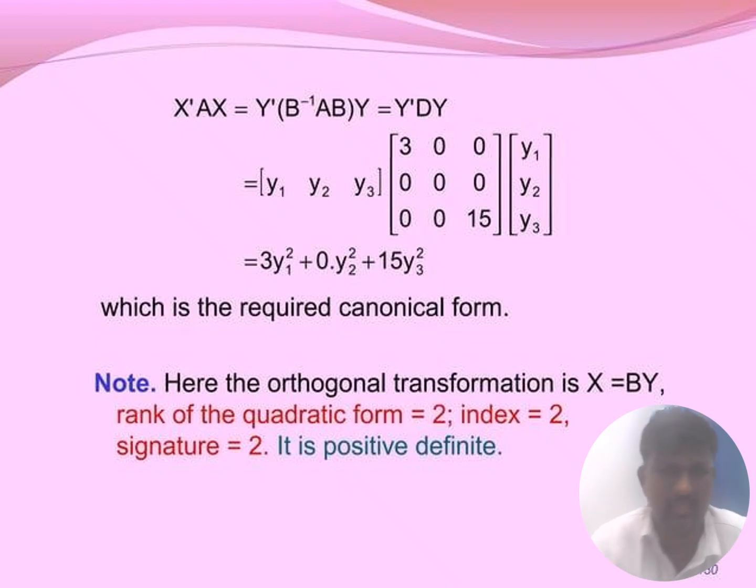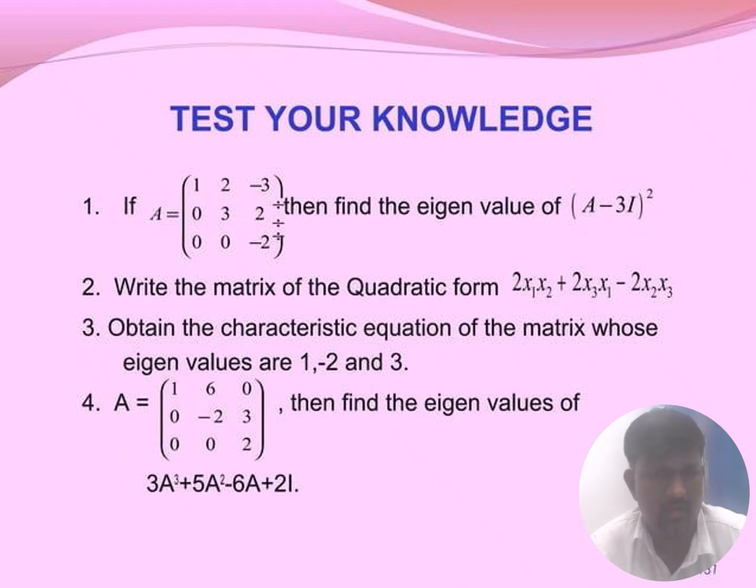Capital D is the answer of the diagonalization process, 0 0 0, 0 3 0, 0 0 15, and Y is the vector y1, y2, y3. So using matrix multiplication, we got the answer 0y1 square plus 3y2 square plus 15y3 square, that is the required canonical form. By this way we can find the other problems and solve all the problems.